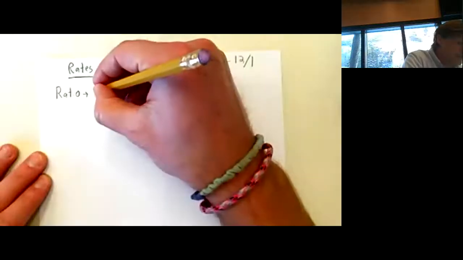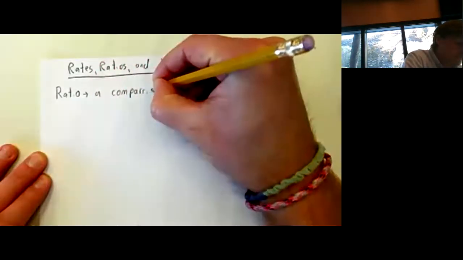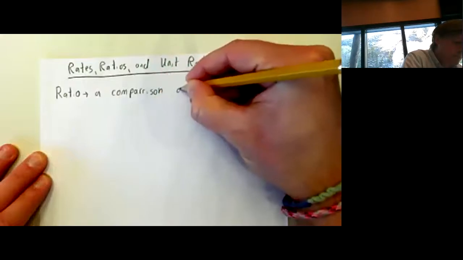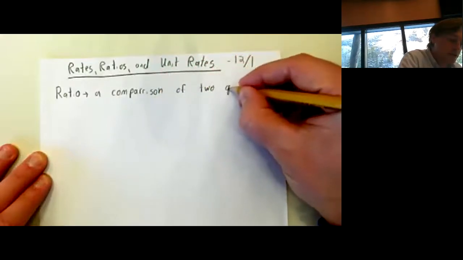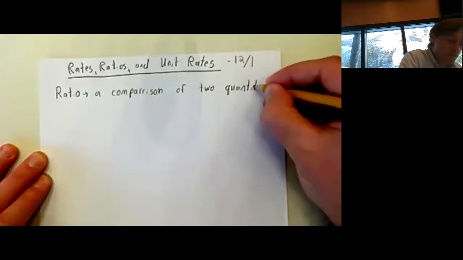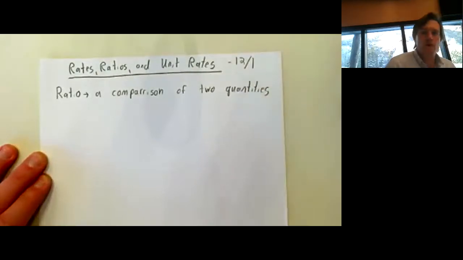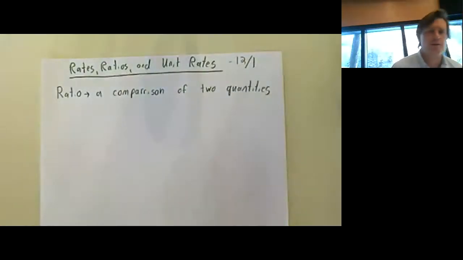A ratio is a comparison of two quantities. A comparison of two quantities. Okay, so pretty basic. We're going to get into a bunch of examples here.